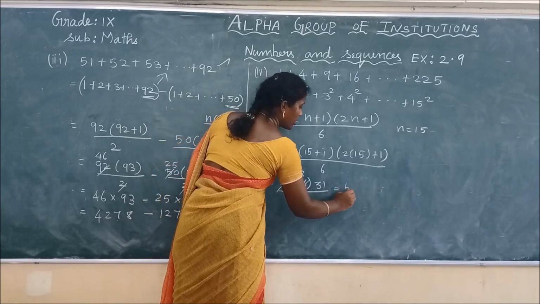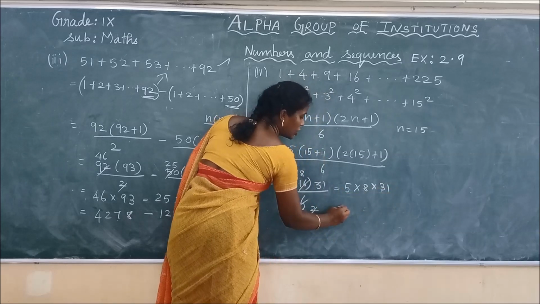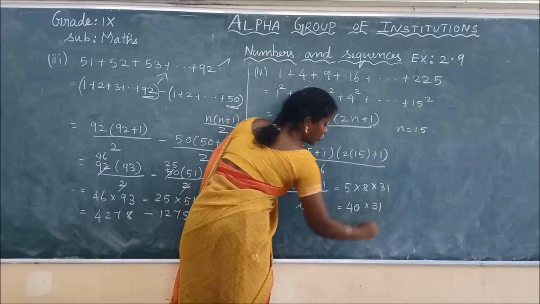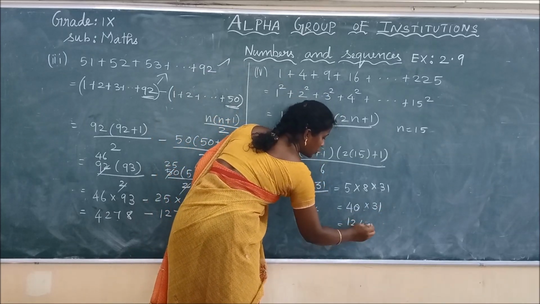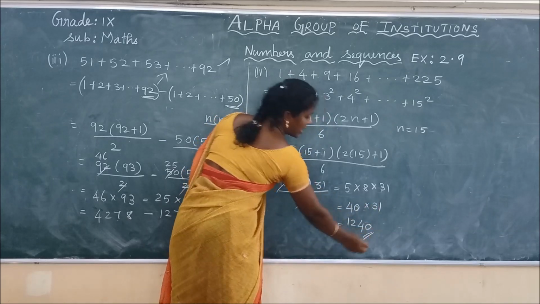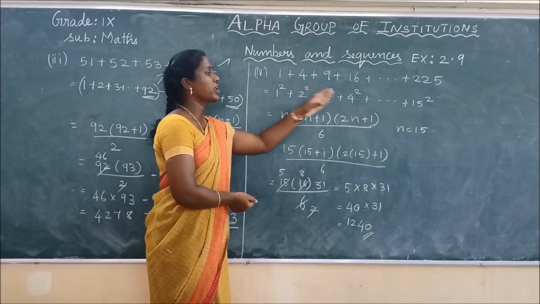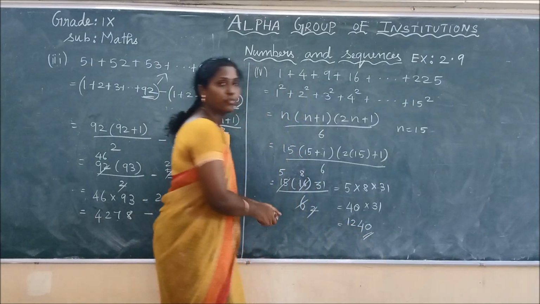So finally we have 5 into 8 into 31. 5 into 8 is 40. 40 into 31: 1 times 40 is 40, 3 fours are 12, so the final answer is 1240. So if we add 1 square, 2 square up to 15 square, the sum of the series is 1240.